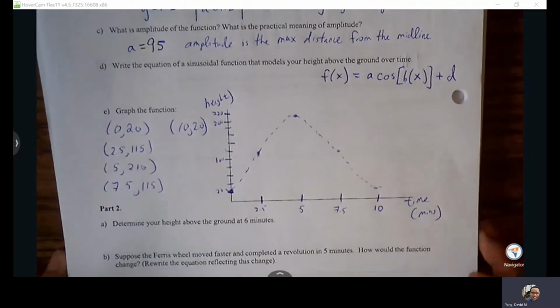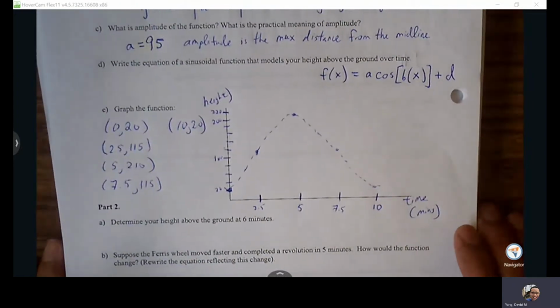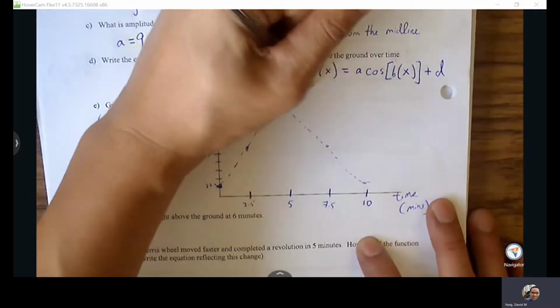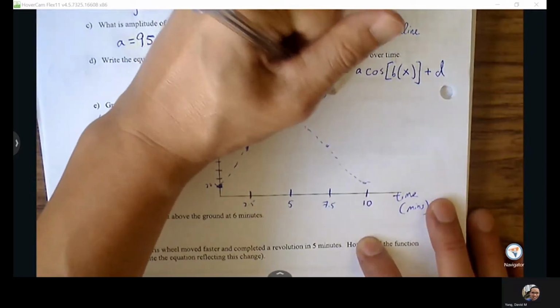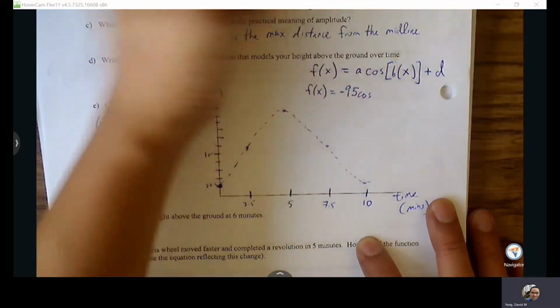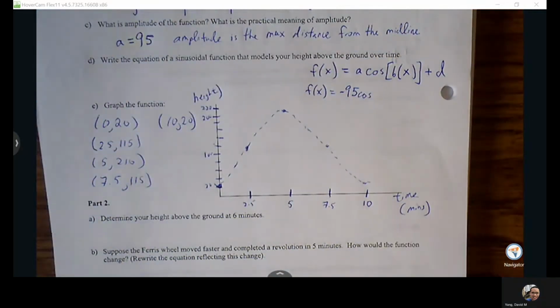Okay, so your A with a negative. Okay. What'd you guys get for your B value?